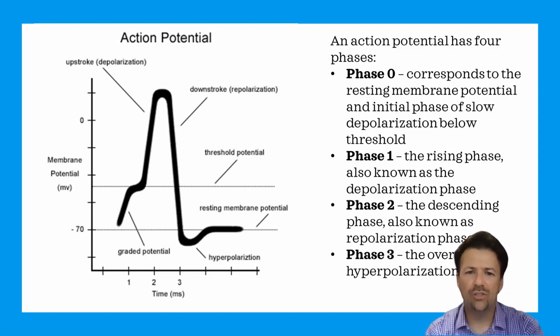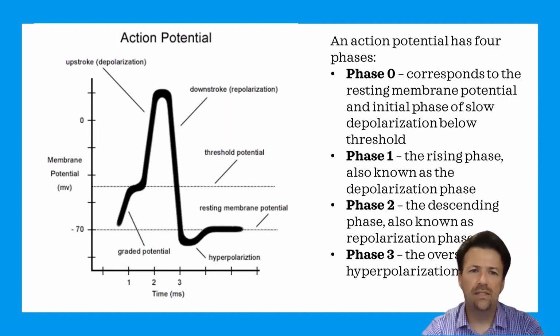Now, all action potentials have 4 phases. Phase 0 is this region here, which corresponds to the resting membrane potential and any small local potentials that are generated by membrane depolarization. It's the initial slow depolarization that sometimes occurs when you stimulate a cell.